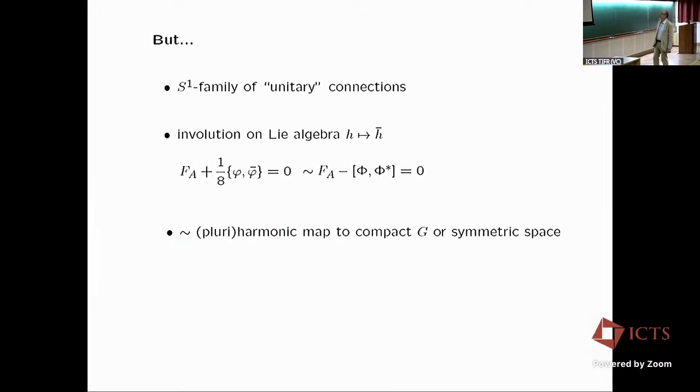On the other hand, there's a difference. First of all, my S1 family is a family of unitary connections. In this analogy, these were all symplectic, real connections with structure group Hamiltonian diffeomorphism. So that's like saying that we have a circle-valued family of flat unitary connections. That doesn't happen in the usual Higgs bundle theory.